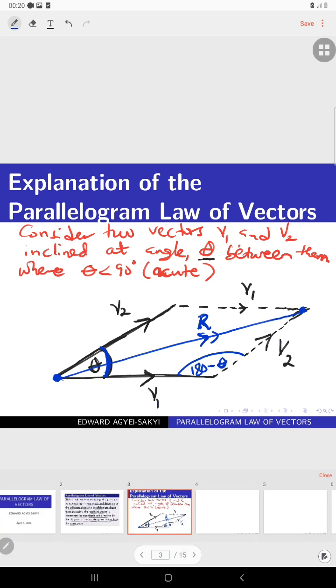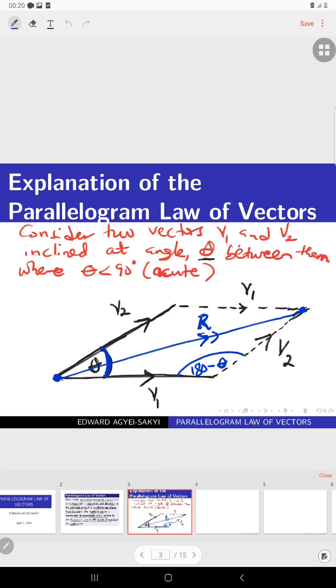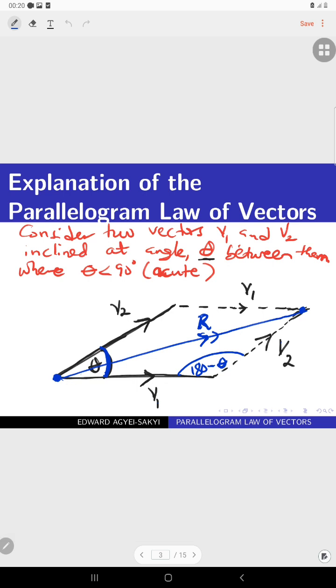Then how do I find the resultant? I can find the resultant now by applying the cosine rule. Check the triangle, this triangle. I'm going to apply the cosine rule in this triangle, then I'll find the resultant.